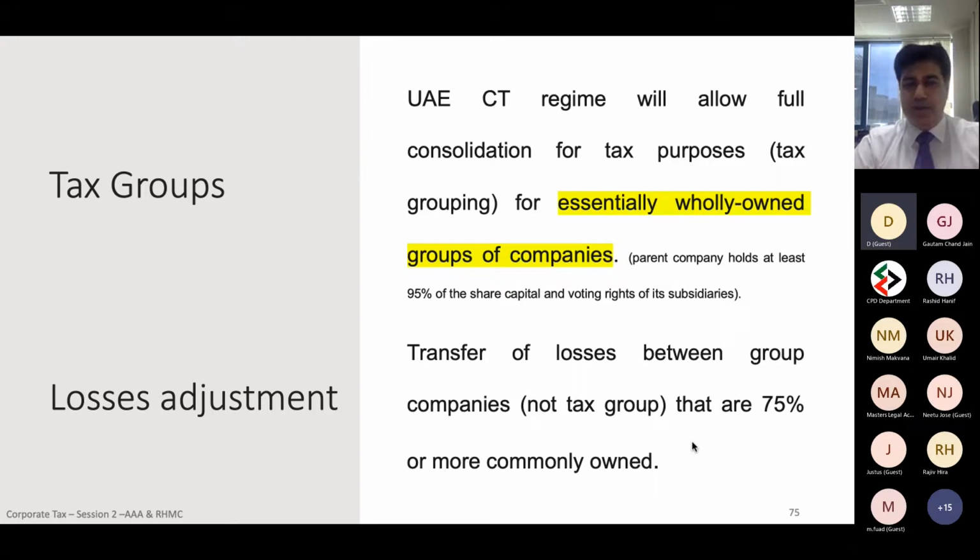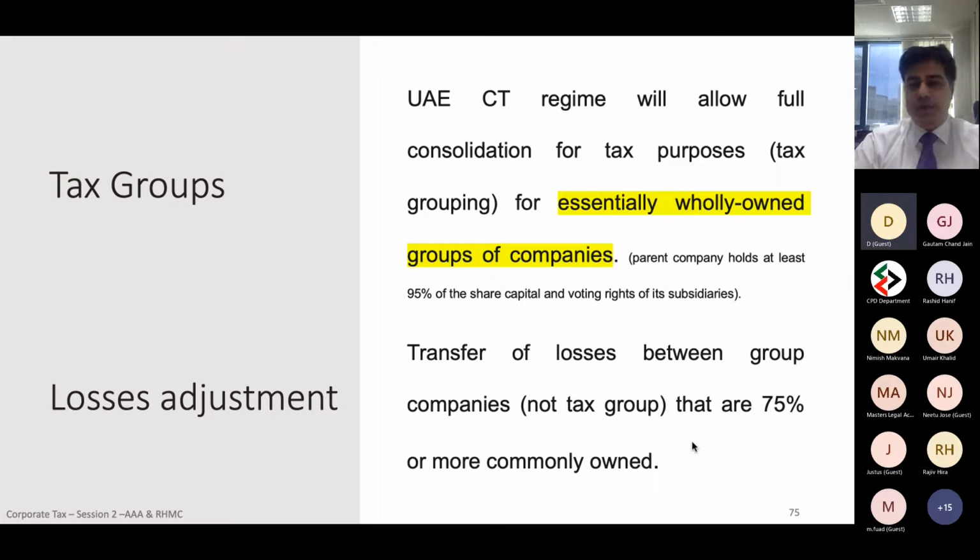So that's quite an interesting point which they have brought in, and it's quite important because we have seen there are companies in the group where some companies are only cost centers and some companies are profit centers. Predominantly, you have seen in the construction sector where maybe all the visas are run in one company and they don't have any income, whereas all the income is earned in different companies.